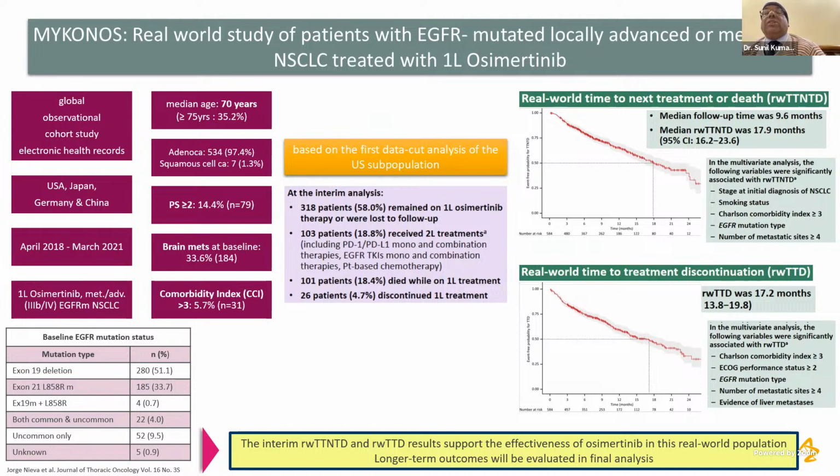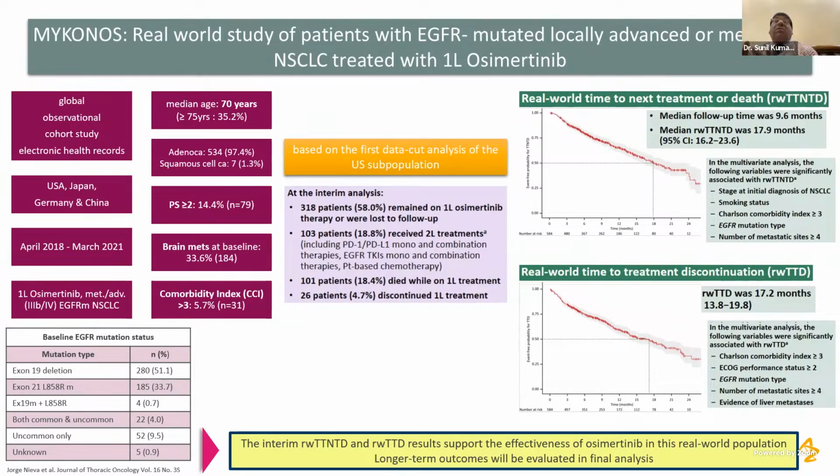Adenocarcinoma was in 97% of the patients, squamous cell carcinoma in 1.3%, PS equal to or more than 2, brain mets approximately 33%. You can say in all the trials, 30 to 33% of patients had brain mets, and comorbid condition 5.7%. First-line osimertinib, and just see the EGFR mutation again, 51%.